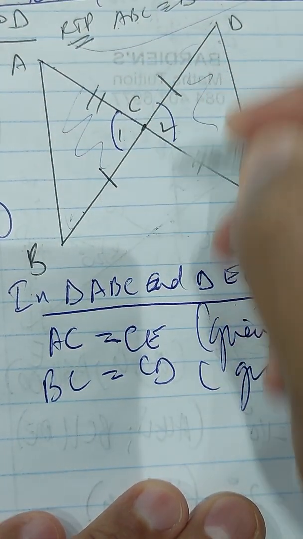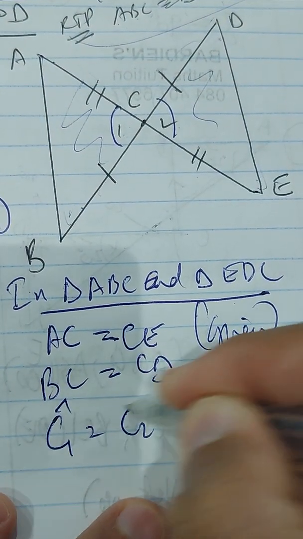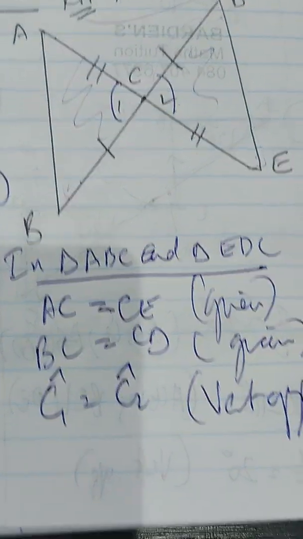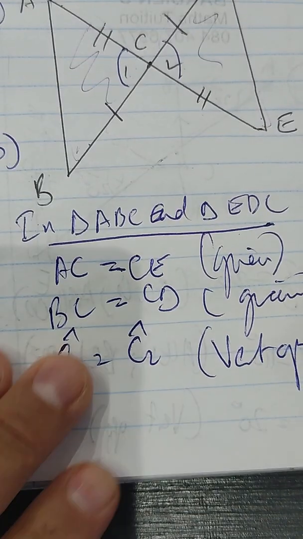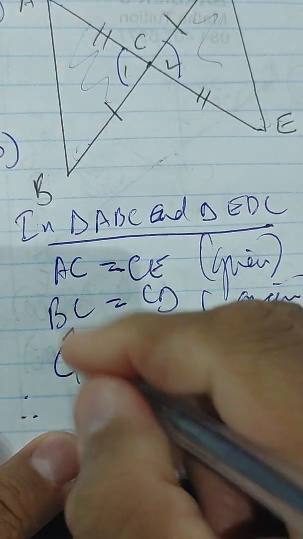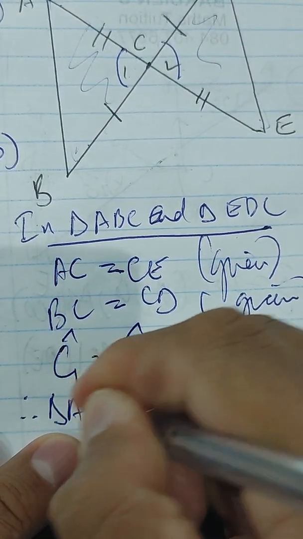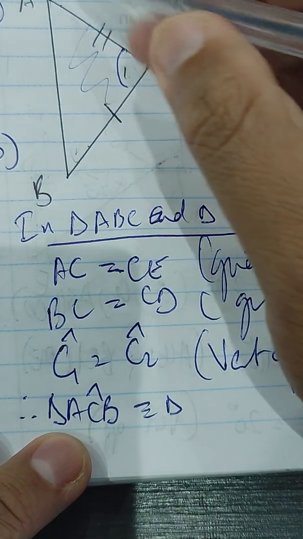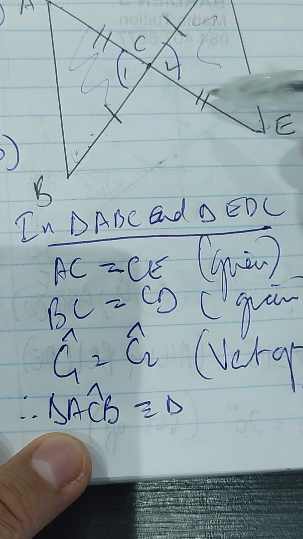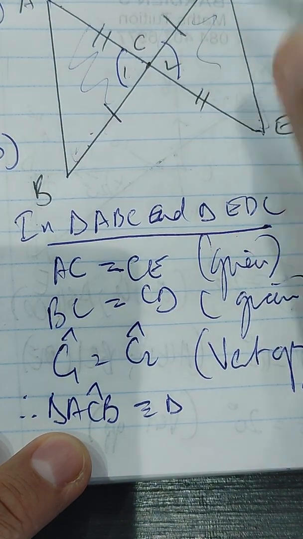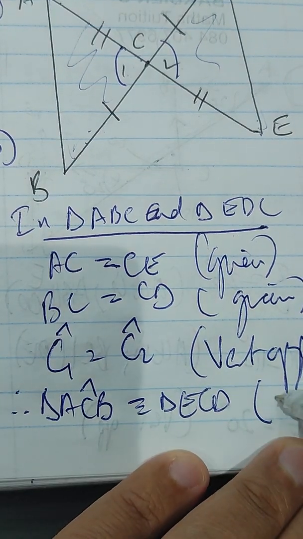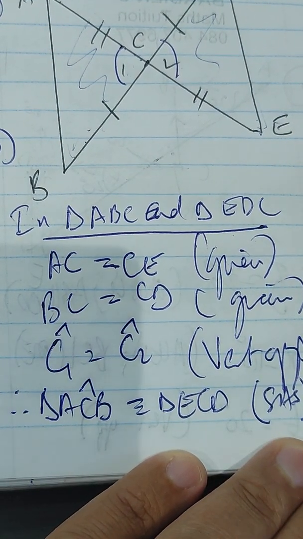Then we know that angle C1 is equal to C2. Why? It's vertically opposite. So what do we get? There's enough information to conclude congruency. Therefore, triangle ACB is congruent to triangle ECD. And what's the case here? Side, angle, side.